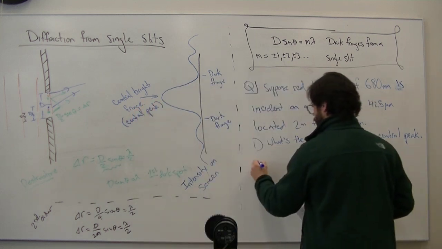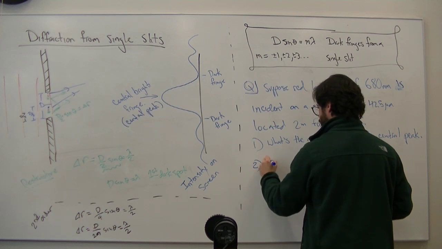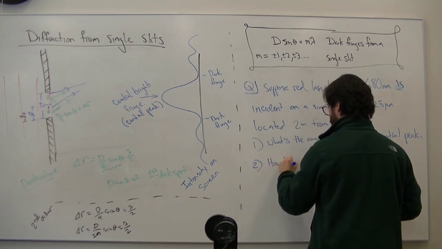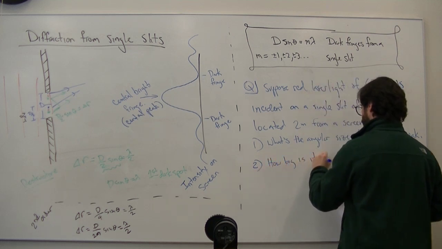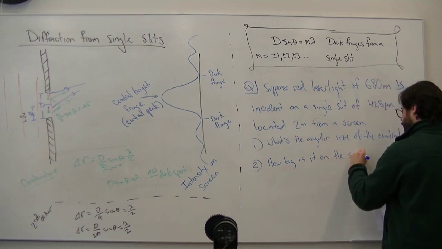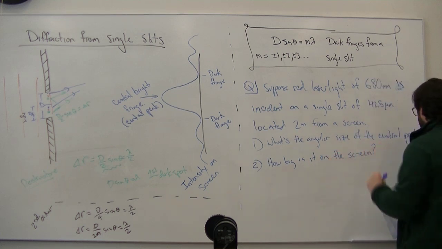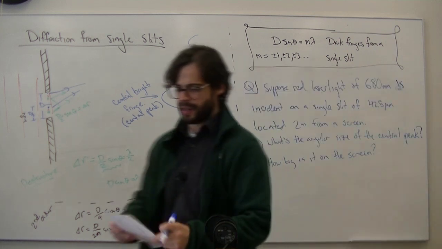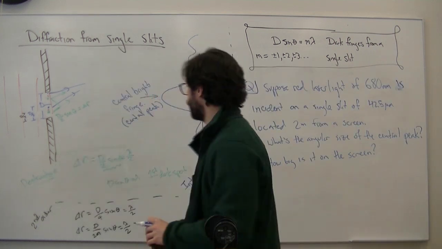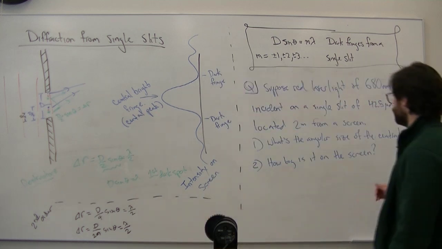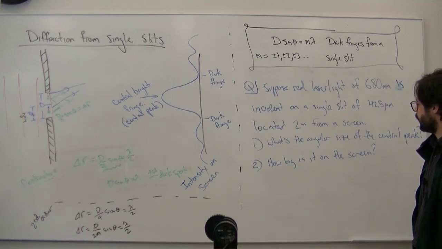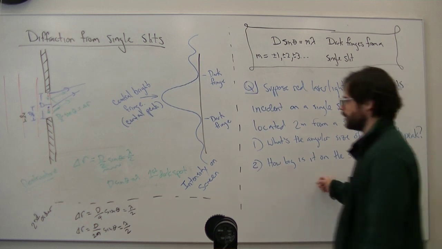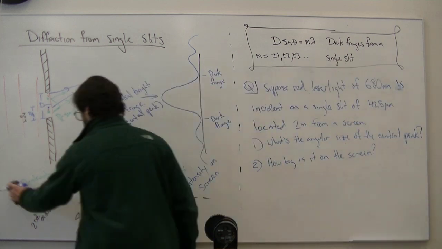And the second question we can ask is, how big is it? And this is a question that's kind of related to the angular magnification. And I mumbled some things about tangents and small angles. This is when we'll actually see them in practice.